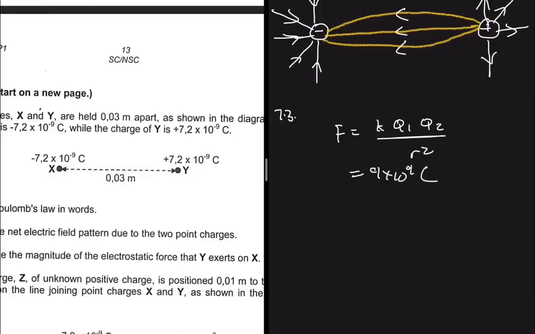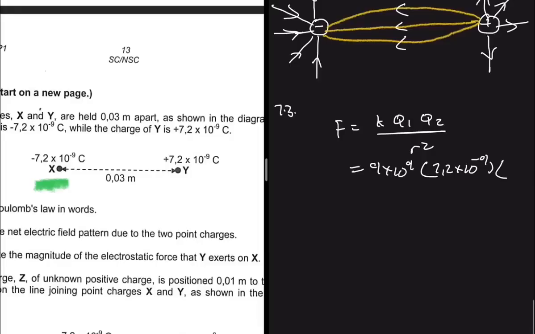And then Q1, we can take X as Q1. But when you substitute, you don't put the negative sign, you just put the magnitude, which is 7.2 times 10 to the minus 9, multiplied by Q2, which is also 7.2 times 10 to the minus 9. So we can just say 7.2 times 10 to the minus 9 squared, right?